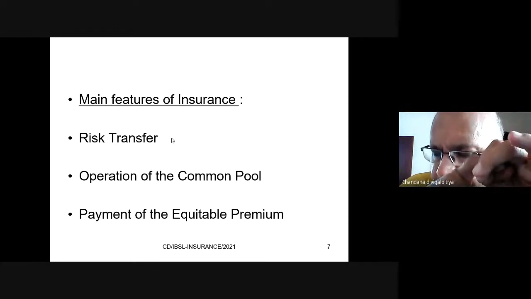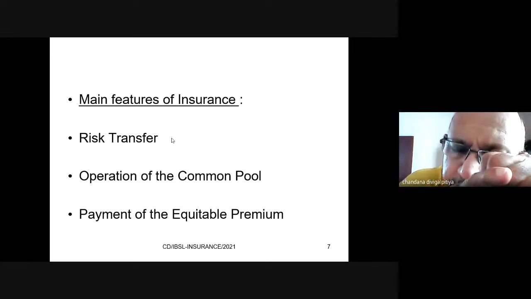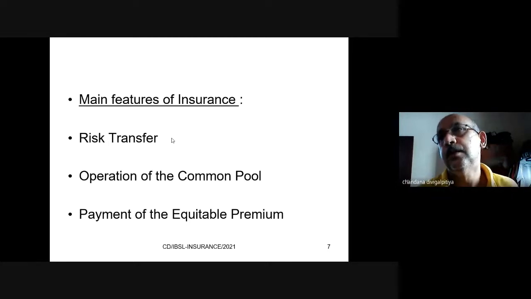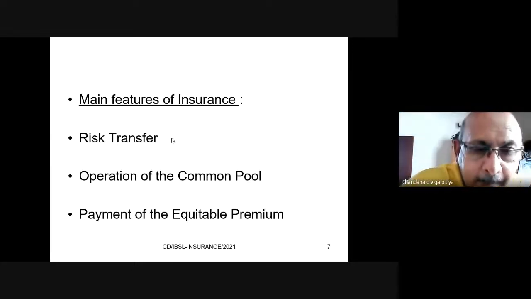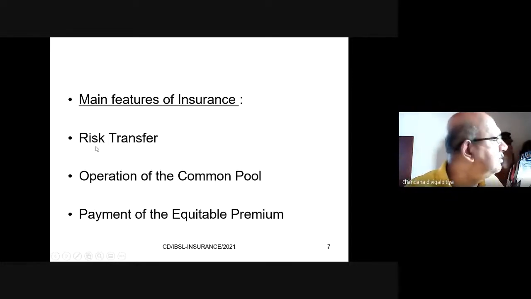Number two, accident risks. Number three, hospital risks. And number four, critical illness risk. So that is risk transfer, point number one. Right, so this is point number one, point number two, and point number three. Point number one is clear.